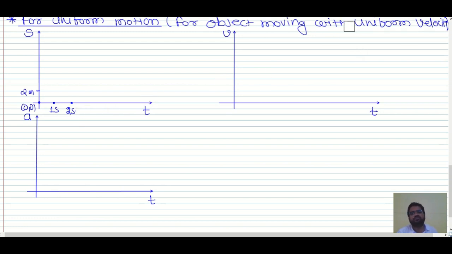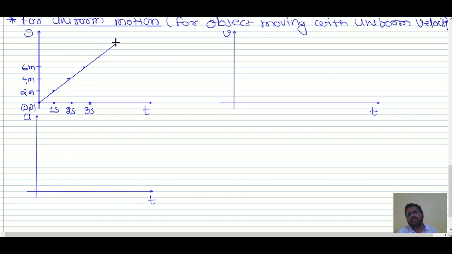Its position will be 4 meter, no? Likewise, at 3 seconds, what is its position? 6 meter.